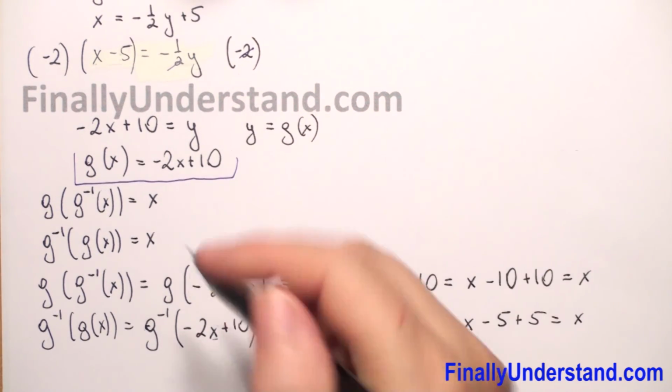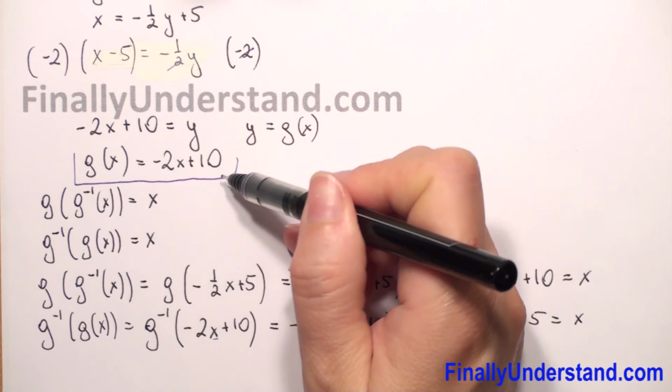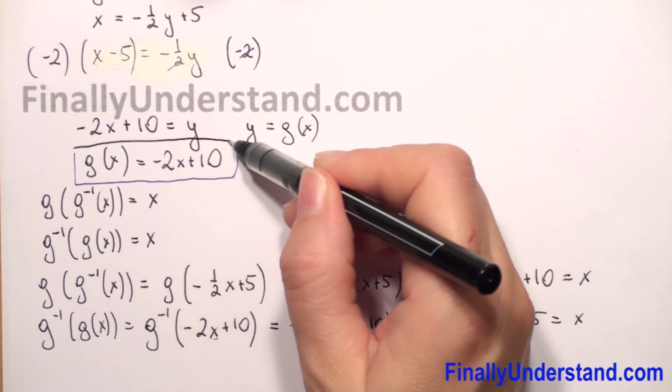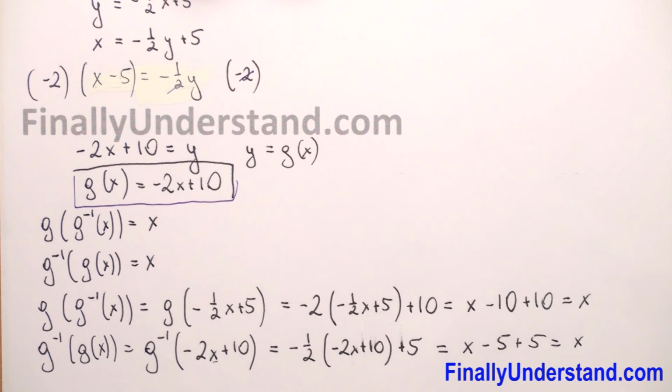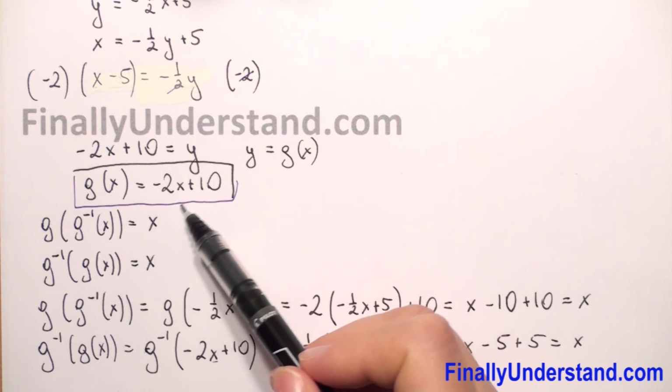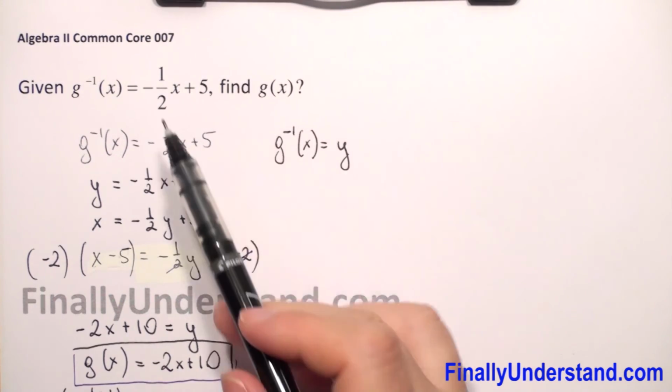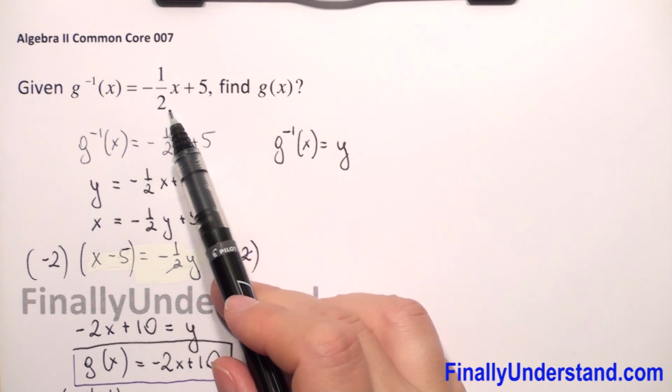This is our g function: negative 2x plus 10. We see that the g function is a linear function, and the inverse of g was also a linear function.